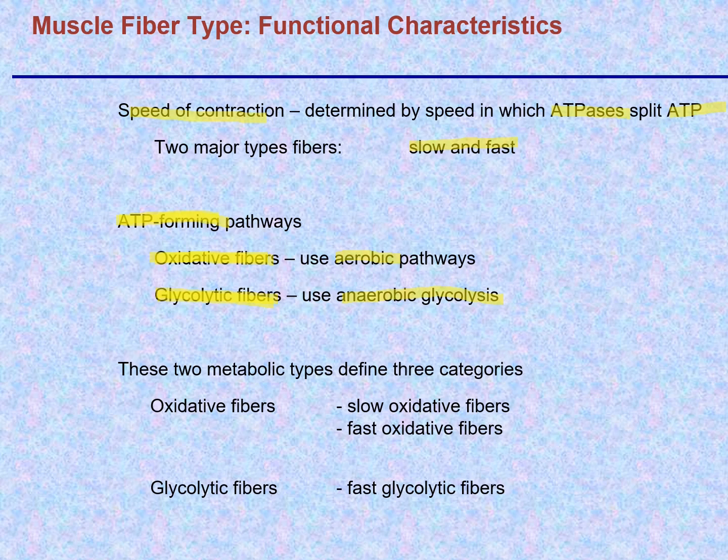So overall, if you look at the two metabolic types, you have oxidative fibers, and some are slow oxidative and some are fast oxidative fibers. Slow and fast referring to the activity of their ATPase, how quickly it can split ATP. For glycolytic fibers, you have fast glycolytic fibers. So oxidative can be slow or fast. Glycolytic are fast glycolytic fibers.